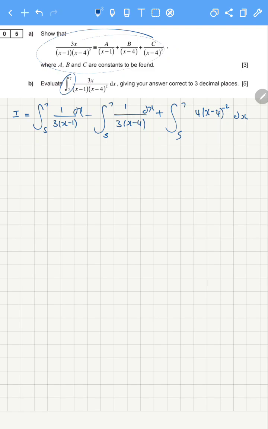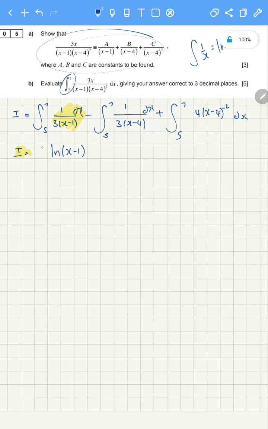And now I can apply the rules of integration to it. So let's break it down bit by bit then. So let's start here. So what is the integration of this? Let's call this yellow to indicate. Now, the integral of 1 over x is log x, because the differential of log x is 1 over x. So that means the integral of 1 over 3x minus 1, if we just ignore the third, will be log |x minus 1|.